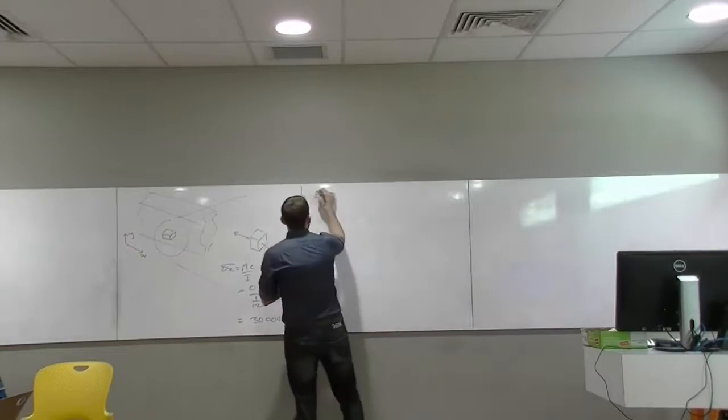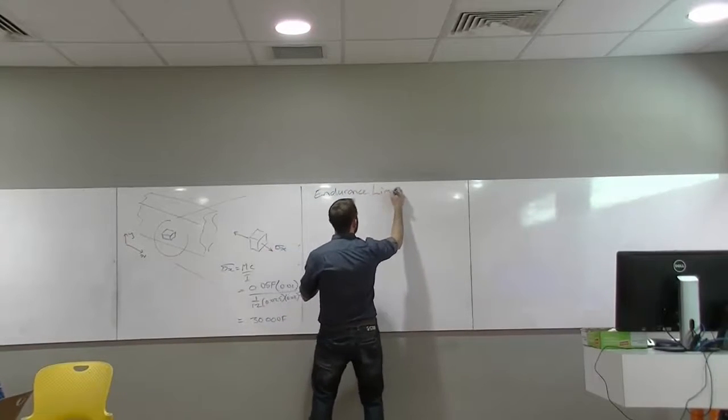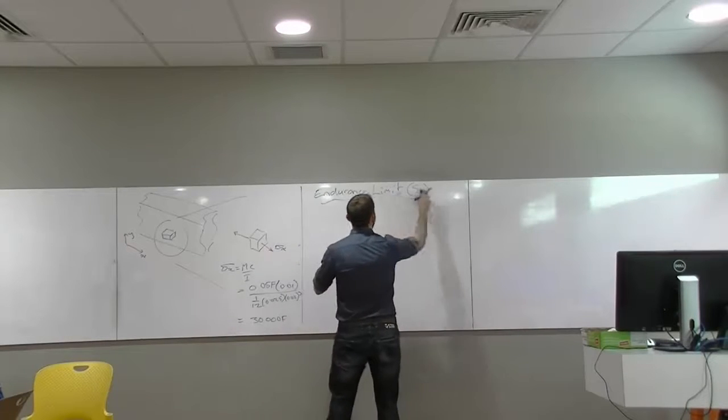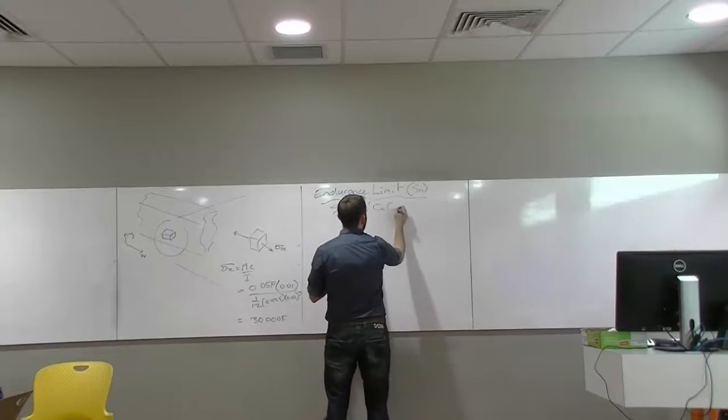Alright, so endurance limit. Sn equals Sn dash, and then all the factors.